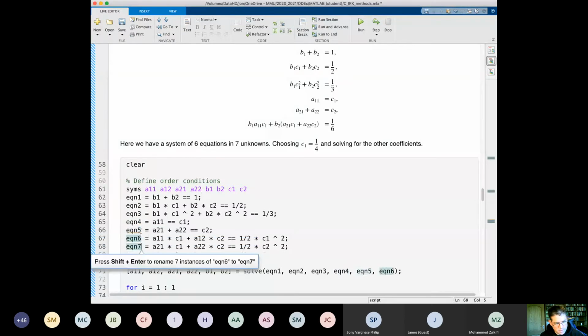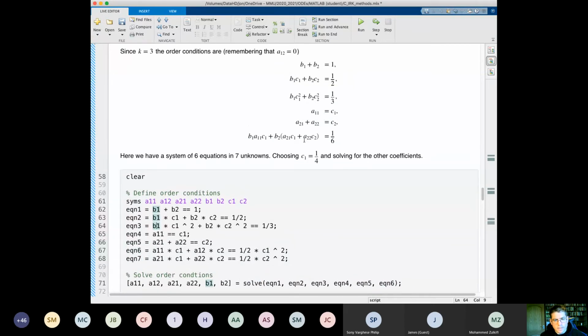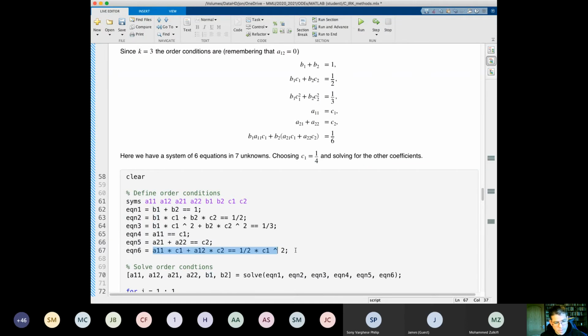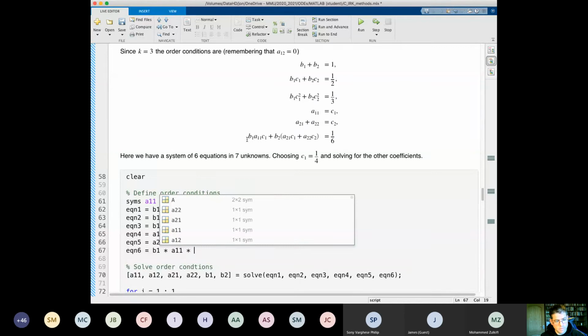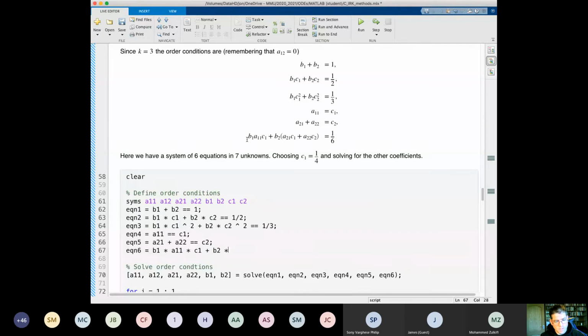I'm going to have 6 in total, so 1, 2, 3, 4, 5, 6, 7. So I'm solving for 7. So I'm solving for 6. So the last order condition was that one which we just determined. So we have 6 order conditions and 7 unknowns.